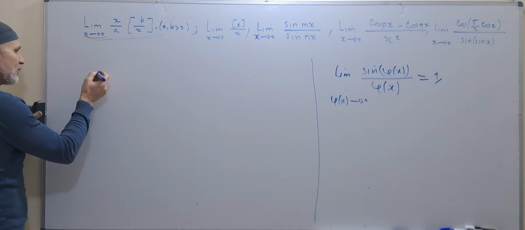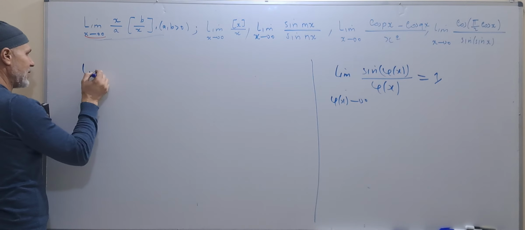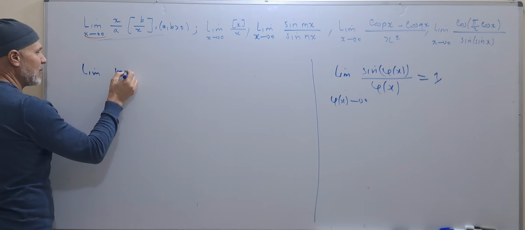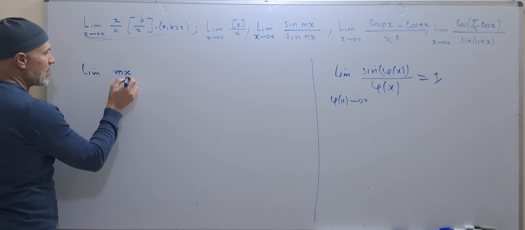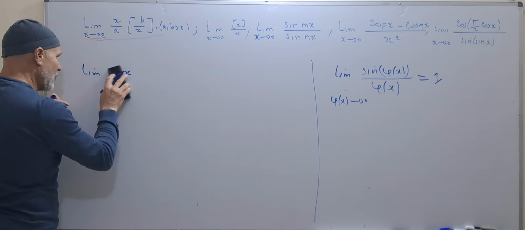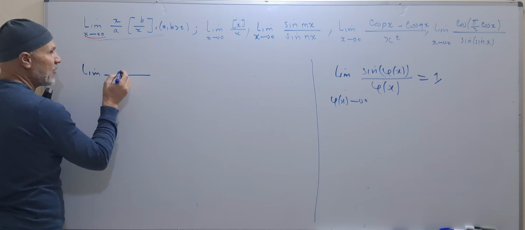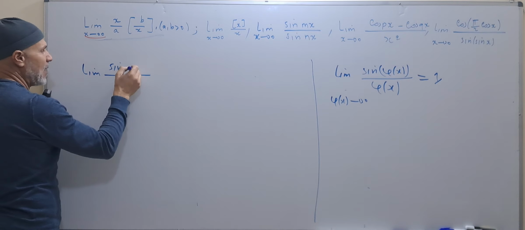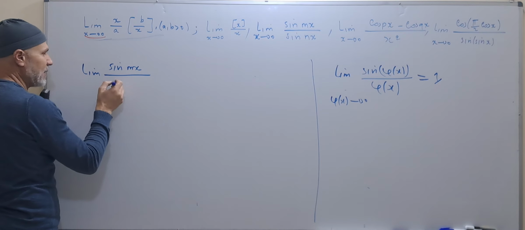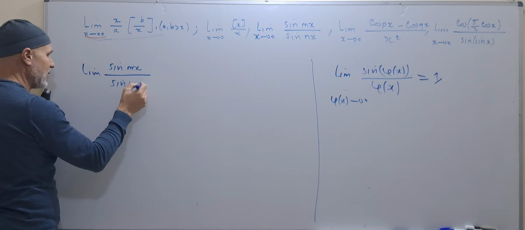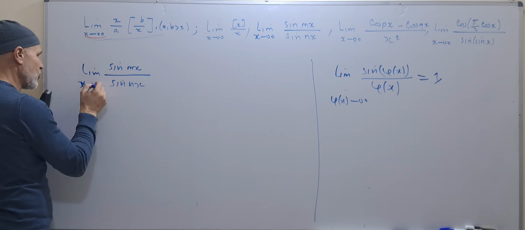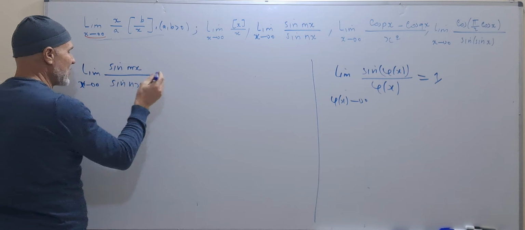So we have the limit, where m and n are real numbers, of sine mx divided by sine nx when x goes to 0 from the right.